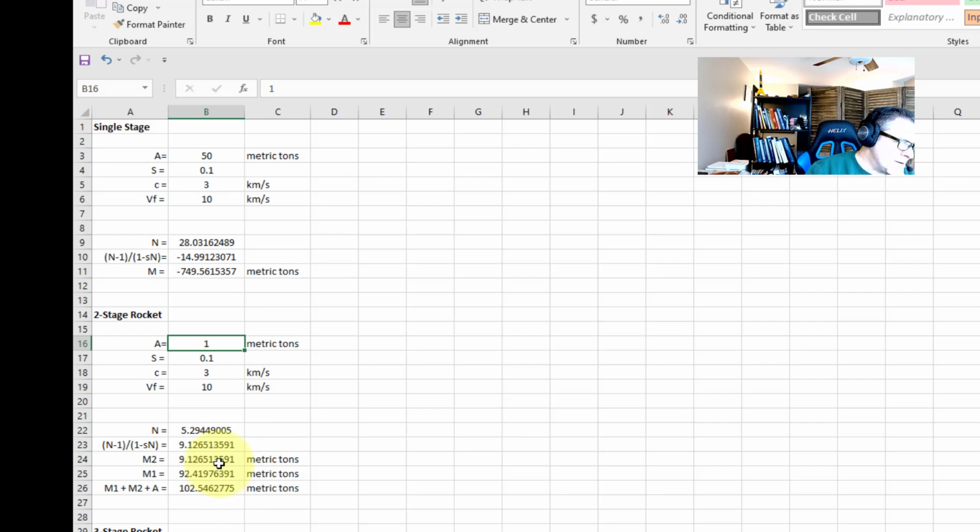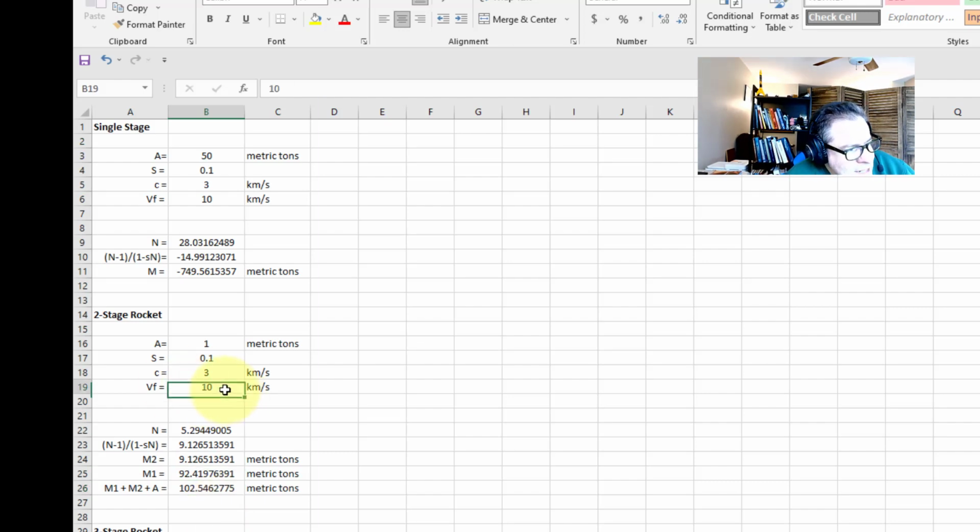So the stage 2 would be roughly 9 metric tons, and the stage 1 theoretically optimal value would be something around 92 metric tons, making a total mass of about 100 metric tons theoretically optimally with this target velocity and this exhaust velocity and this structural factor to lift 1 metric ton into low orbit, presumably low Earth orbit, since I'm using a value of 10 here. It takes about 100 metric tons of mass to achieve that 1 metric ton payload into orbit.